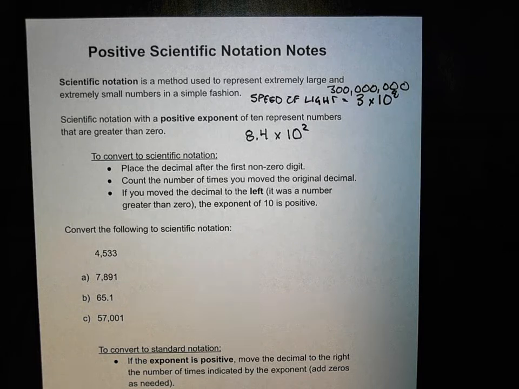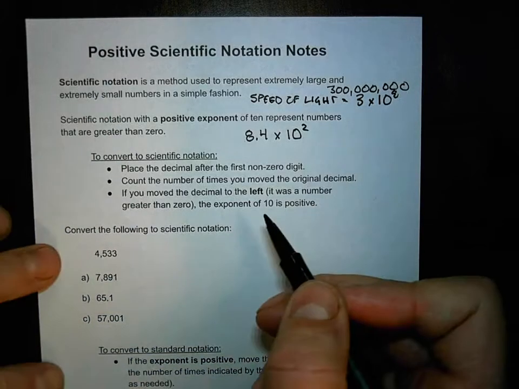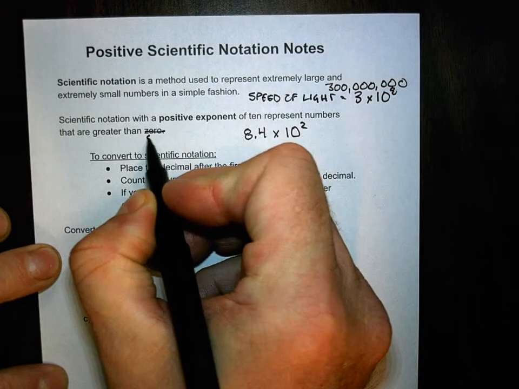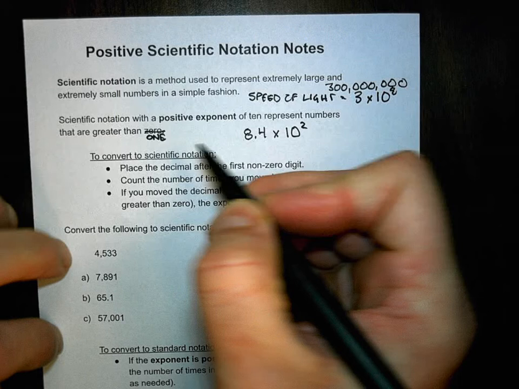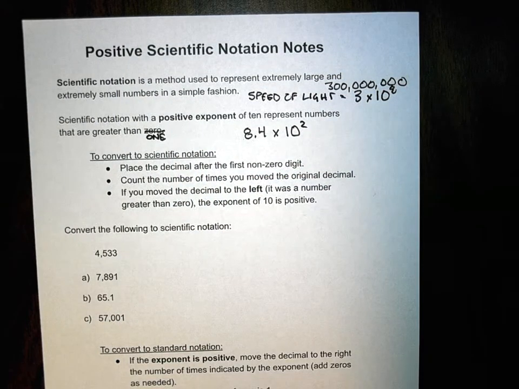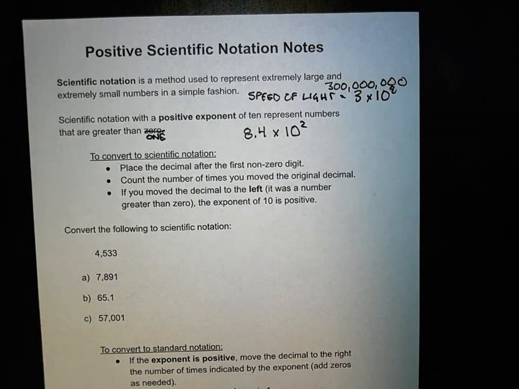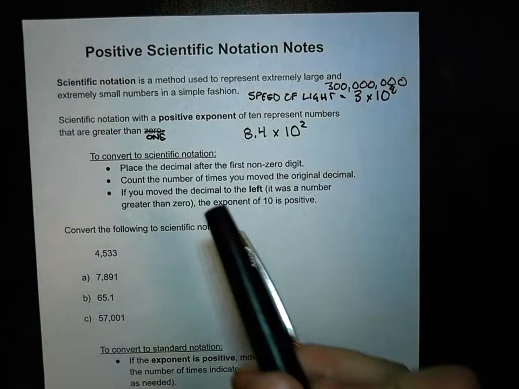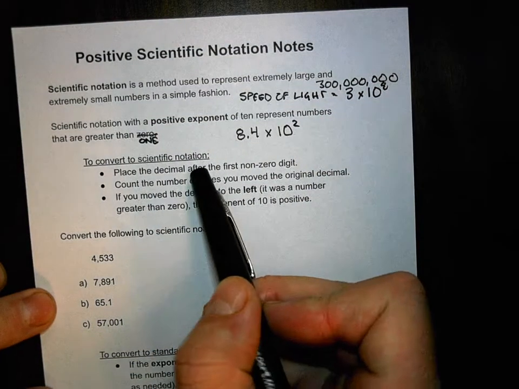Or it could be 1, I guess, if you do 1 times 10 to the 0, that would be 1. Positive exponent means greater than or equal to 1, right? And that should say 1. Can it go below 0? No. Because you're in negative territory. You just make a negative number. Does that make sense?